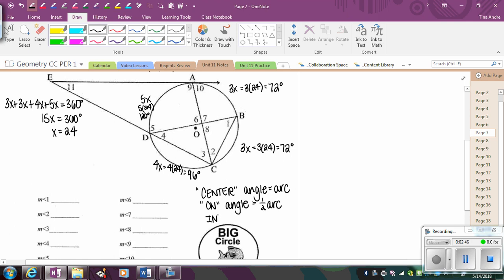In angles, meaning the vertex is somewhere in the circle other than the center, the angle is equal to 1/2 the sum of the arcs. And the last one, out angles, where the vertex is outside the circle, the angle equals 1/2 the difference.